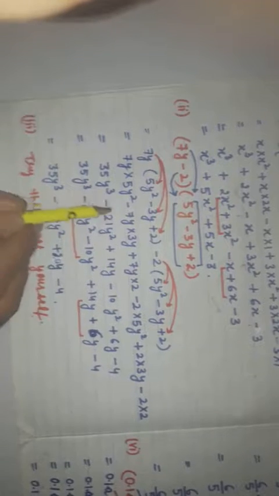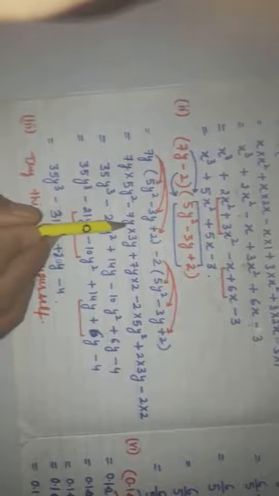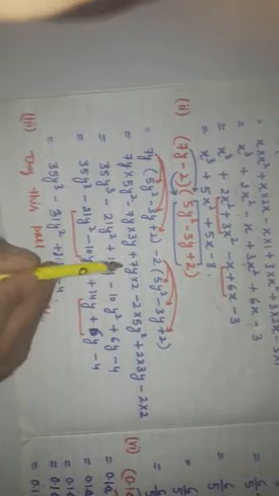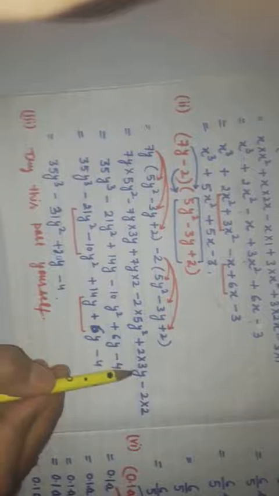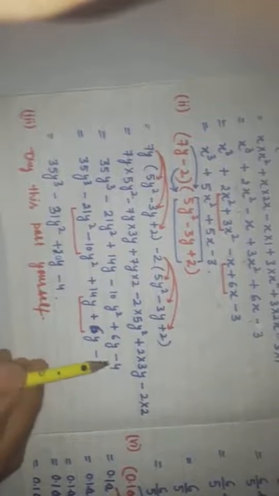Next, 7 5s are 35y raised to power 3, then minus sign, 7 3s are 21y into y, that is y raised to power 2, plus 7 2s are 14y as it is, minus 5 2s are 10y raised to power 2 as it is, plus 2 3s are 6y as it is, minus 2 2s are 4.